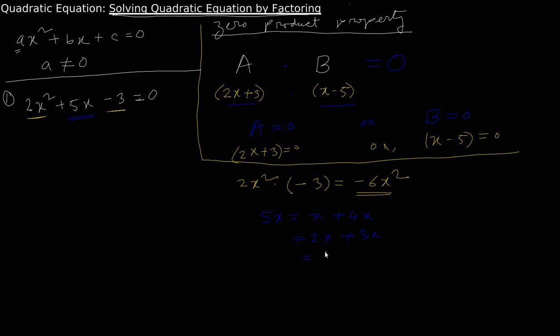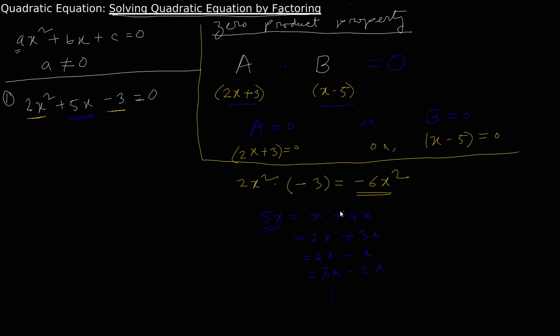Another way is I can write 6x minus x, which is also 5x. I can write 7x minus 2x, and on and on. So that is the way I can divide 5x in many different ways.